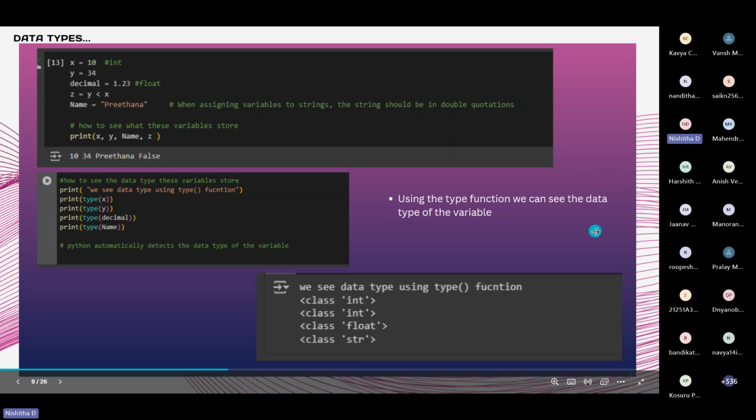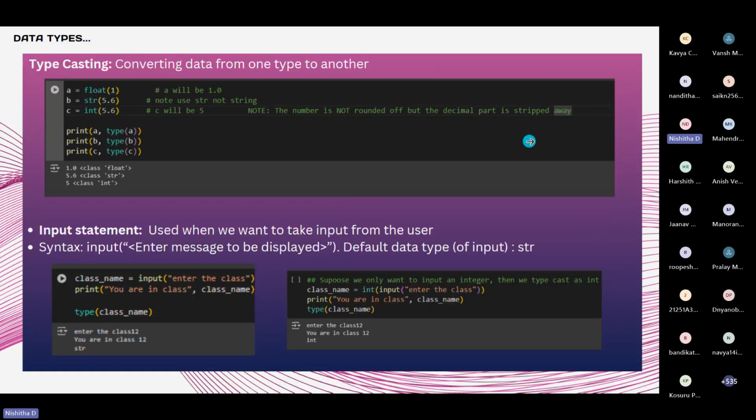Now if we want to convert data from one type to another, we can use something known as typecasting. In typecasting, we just have to mention the type that we want to convert the data into. Like over here, this one is present as an integer, and I want to convert it into a float value. So I type float over here. And if I want to convert it into string, str.